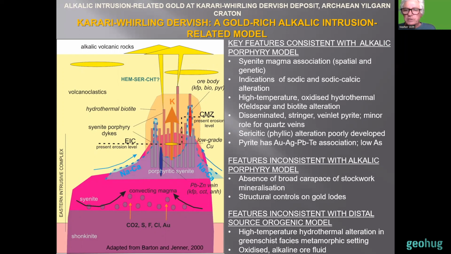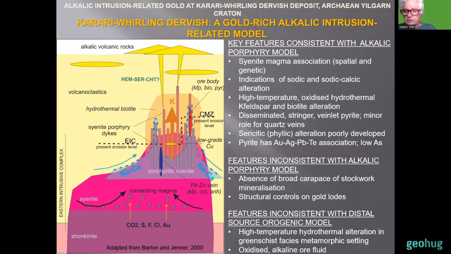There are other features which are not consistent with the alkalic porphyry model, and chief among these is the absence of a broad carapace of stockwork mineralization. The gold at Karari-Whirling Dervish shows quite a strong structural control, which is based on the embrittlement of the syenite porphyry dikes and immediate country rock.